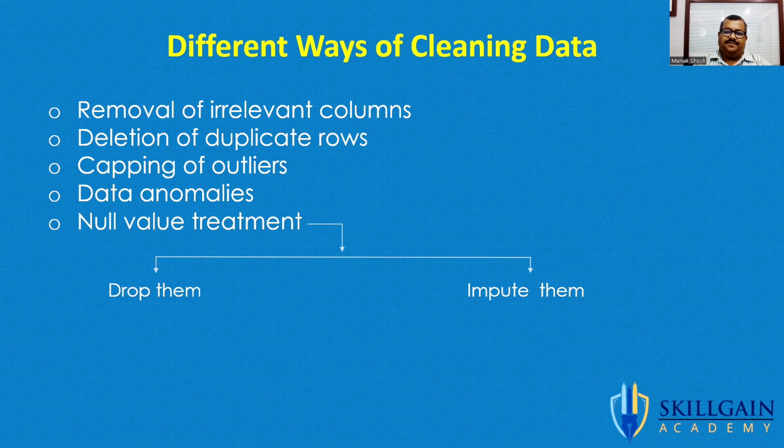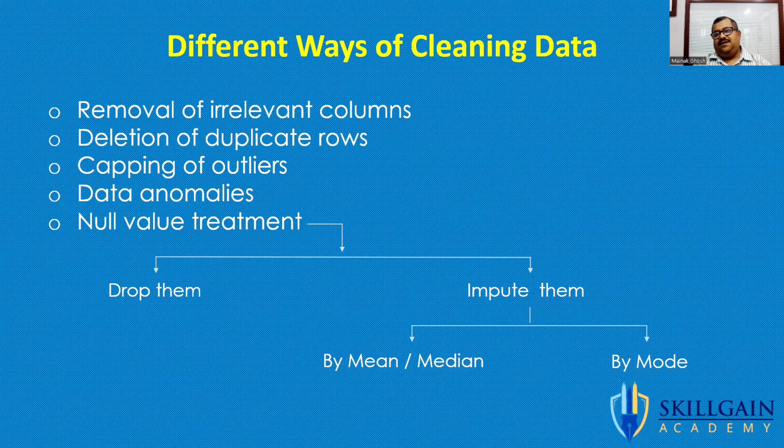Now, how to impute? If the column is numerical in nature, then we replace by mean or median. But if extreme values are present, then we should replace by median, because the mean is impacted by the extreme values. It can be biased if we impute by mean.